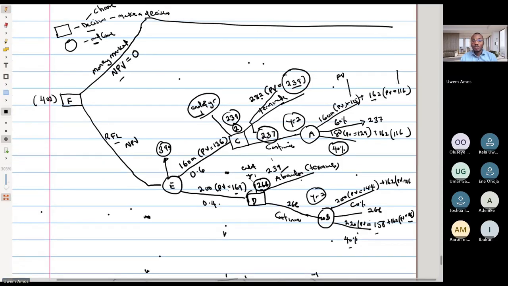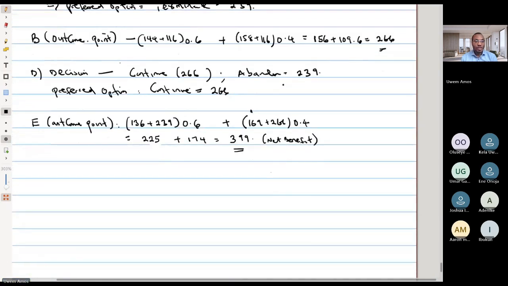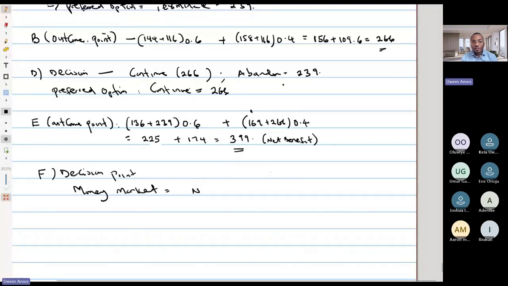So under point F, our decision point, if we invest in the money market, our NPV will be equal to 0.